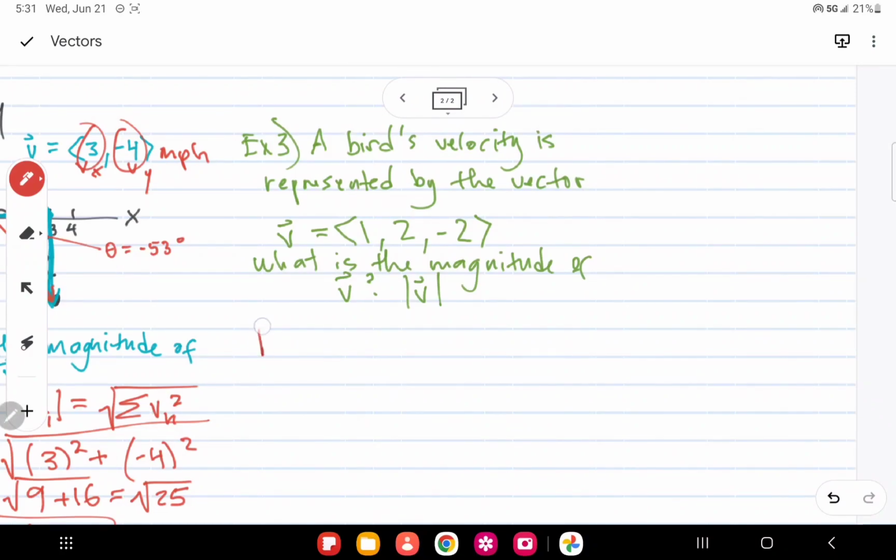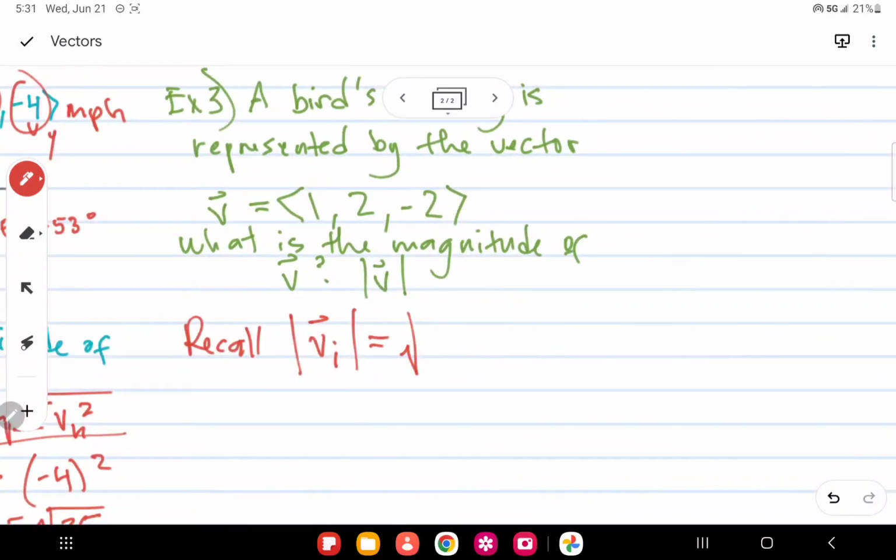So the solution would be, recall that the magnitude of a vector in any dimension is the square root of the sum of the squares of that vector's components.